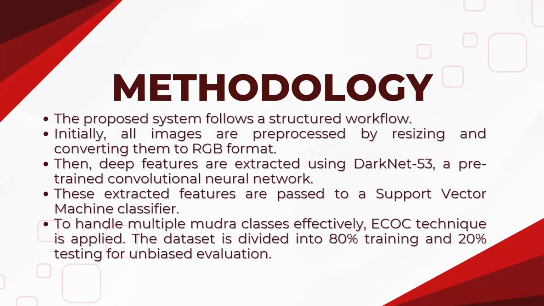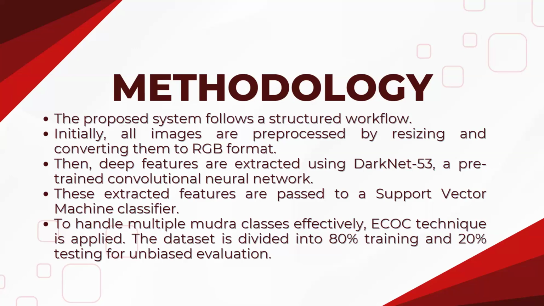Now I will briefly explain the methodology. First, the input image undergoes processing where it is resized and converted into RGB format. These images are then passed through Darknet 53, a deep convolutional neural network which extracts high level and discriminative features from the hand gestures.